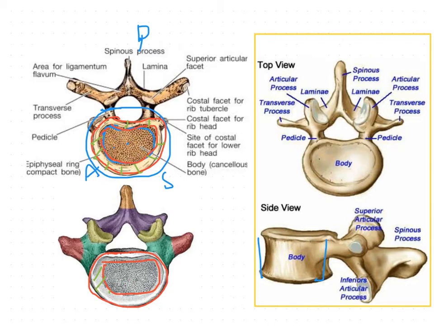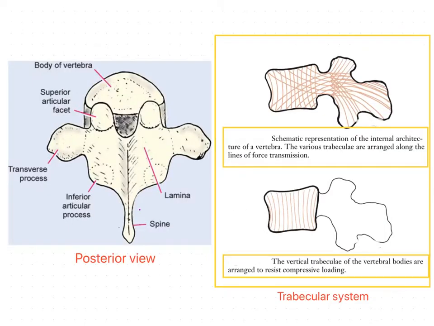Here you can see the projections on the posterior aspect. This is the posterior view of the vertebrae, which includes 4 articular surfaces and 3 non-articular surfaces.